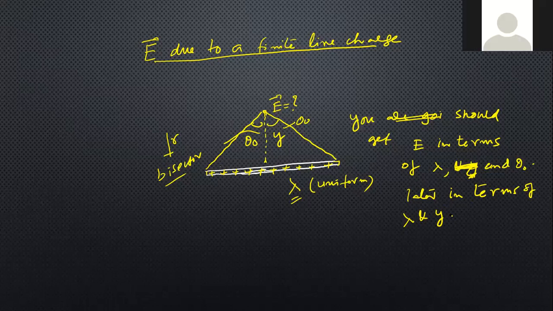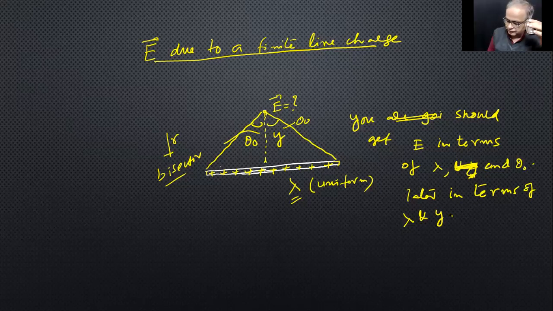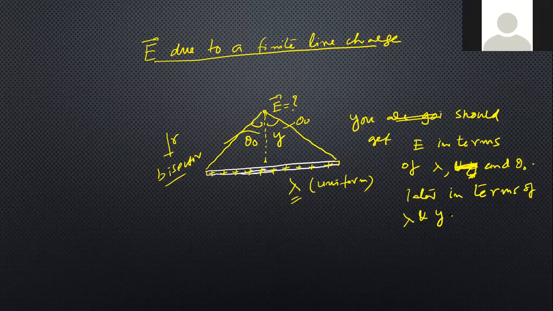Hope I can go to the next. Yes. Why the perpendicular bisector? Why not? Can you tell me why not? Look, we should be able to find out the value of E anywhere. Yes. But mathematics will be not very tough, but you require more mathematics for that.